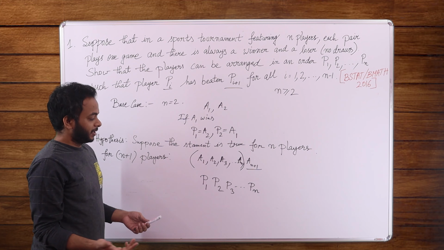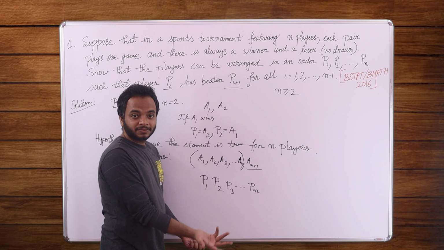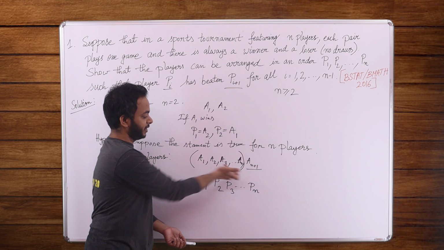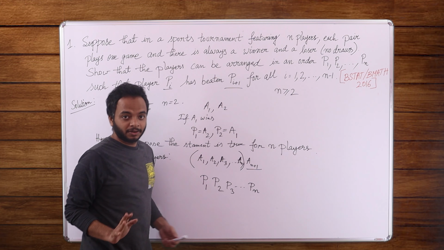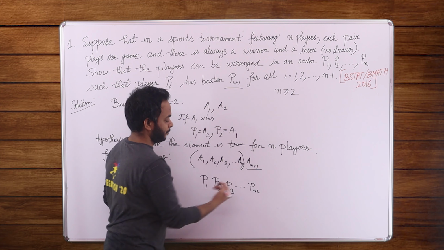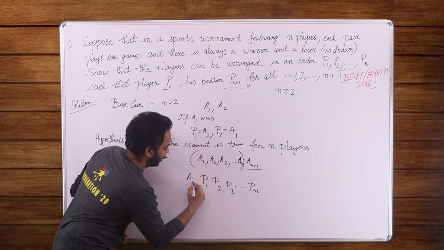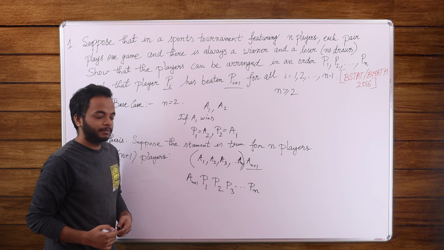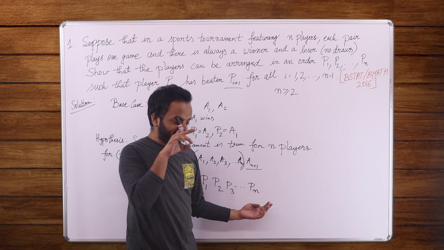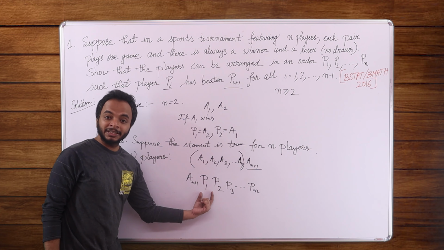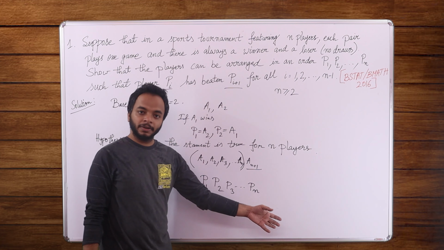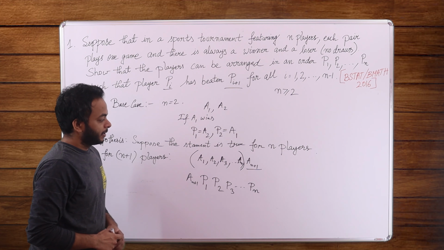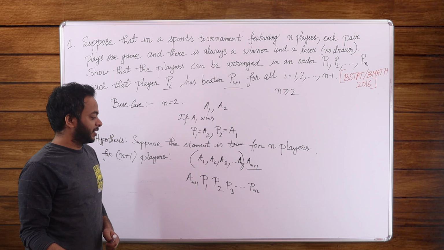Then it has beaten P1 as well, whoever P1 is. So I can bring A n plus 1 and put it at the front, because then the condition is satisfied: A n plus 1 has beaten P1 and P1 has beaten P2 and so on. Now this was a trivial case.